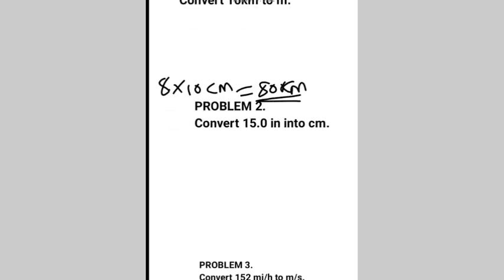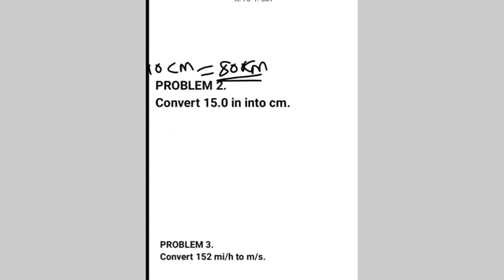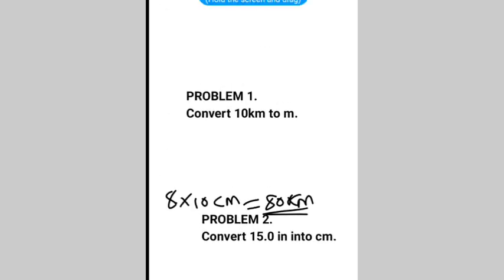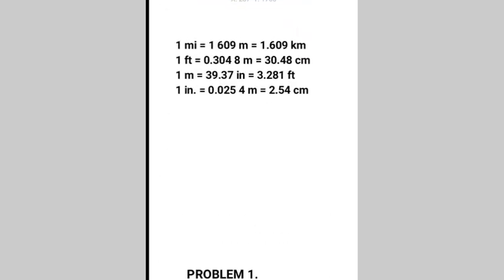Example 2 asked us to convert 15.0 inches into centimeters. So how can we convert this? If you look at the table that I am showing, we know directly that 1 inch is the same as 2.54 centimeters. So let's use that fact.